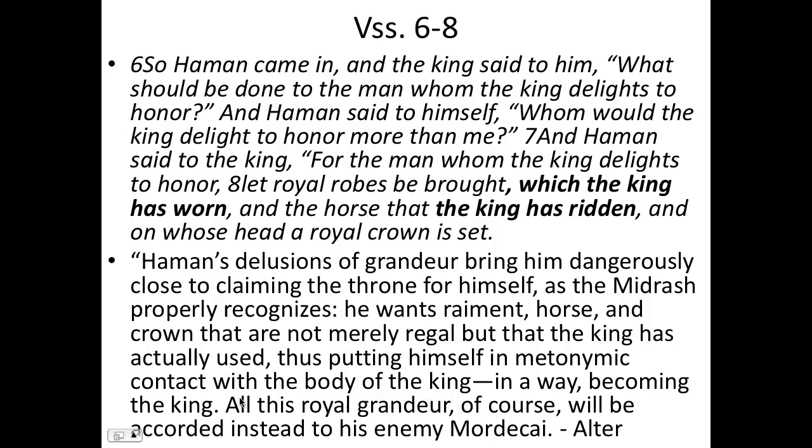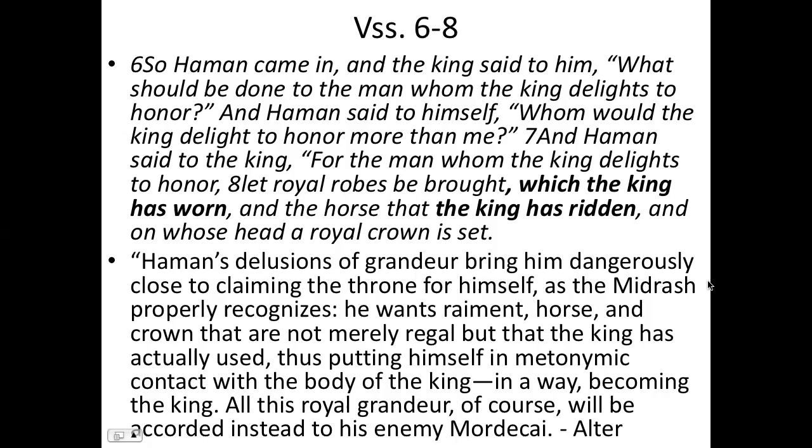So he wants himself to be portrayed as a king of sorts, or as the king. All this royal grandeur, of course, will be accorded instead to his enemy Mordecai. So Mordecai is going to be dressed up as if he's almost like a king, right?